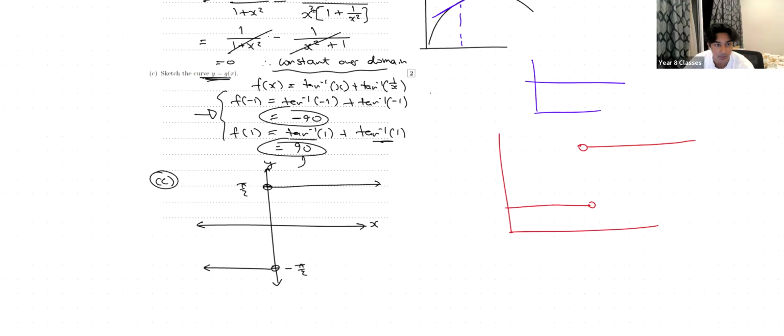In that case, we'll do an auxiliary angle question next. Okay, so for this one, I'll get Shruti to work with me.